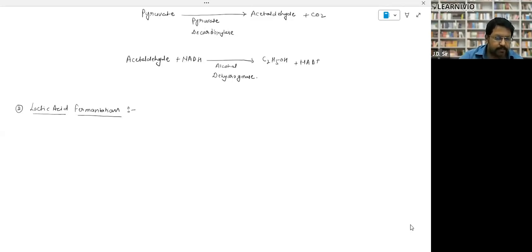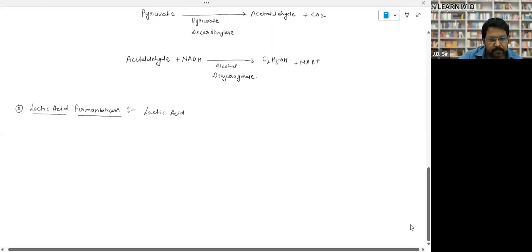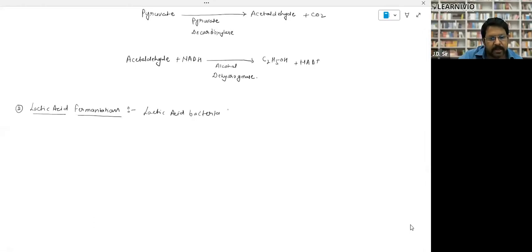Here, note down that the fermentation occurs in lactic acid bacteria. In short, we call them LAB.